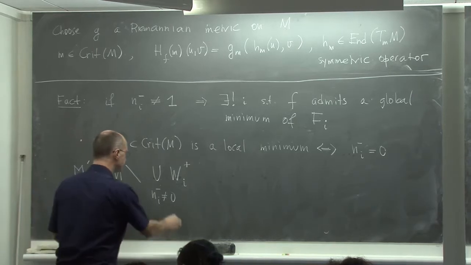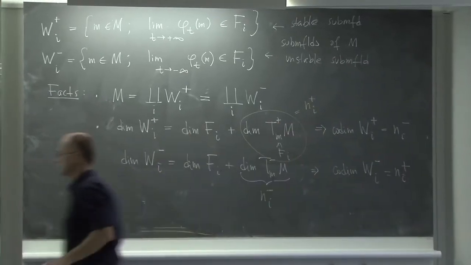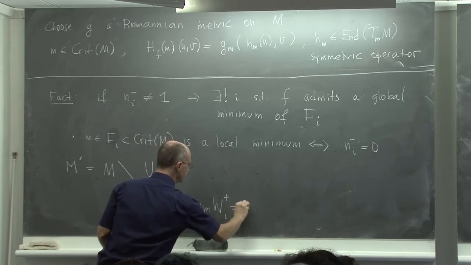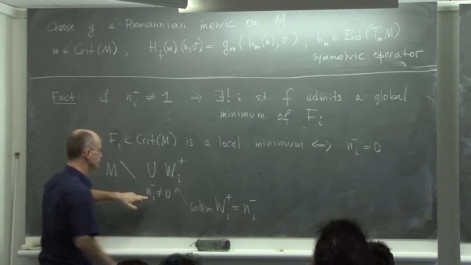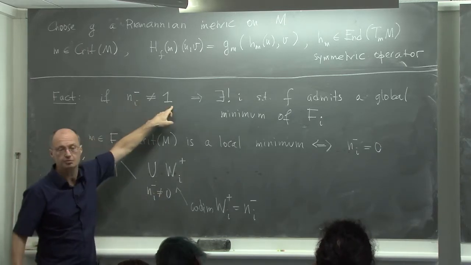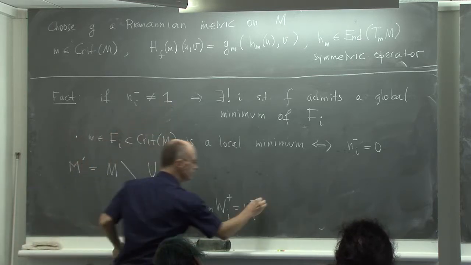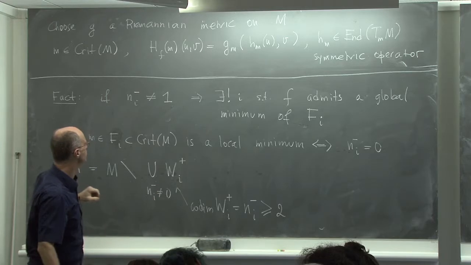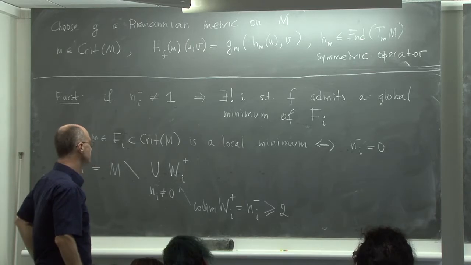Now we know their codimensions: their codimensions are equal to n_i minus. It's not equal to 0, but it also cannot be equal to 1 with this assumption. So if it's not 0 and not 1, then it is at least 2. We excluded the ones which correspond to 0, and those which have 1 do not exist. So this is at least 2.